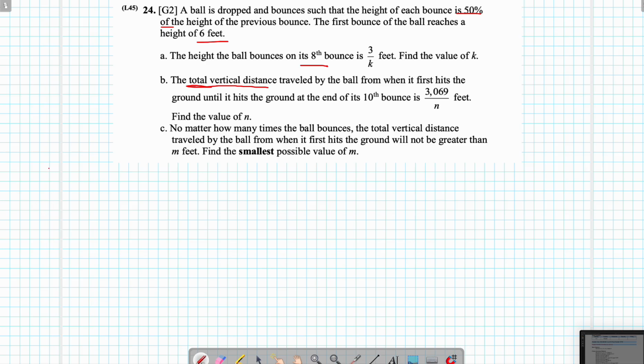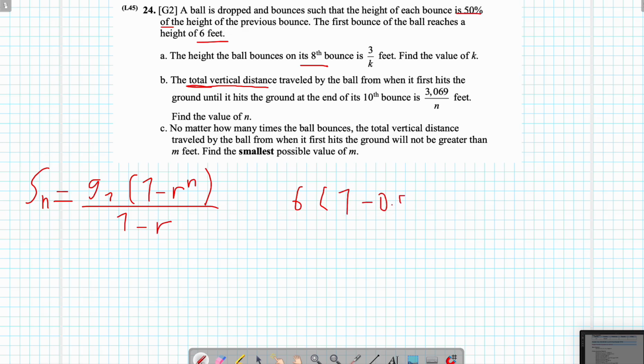So the sum of a geometric sequence is equal to g1 into 1 minus r to the n, close brackets, over 1 minus r. Okay, so g1 is 6 into 1 minus 0.5 to the 10 over 1 minus 0.5.